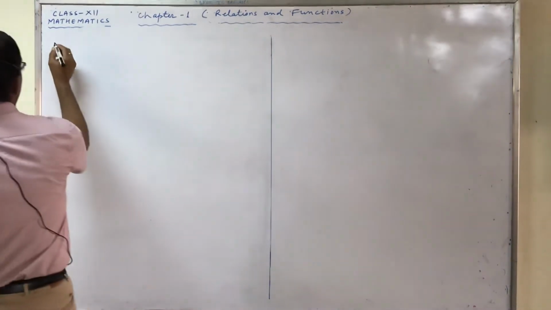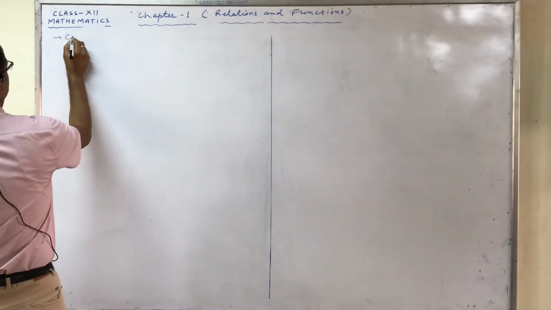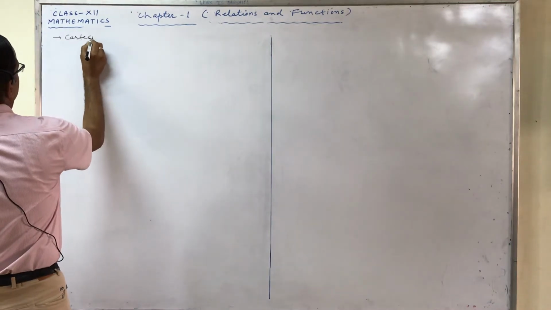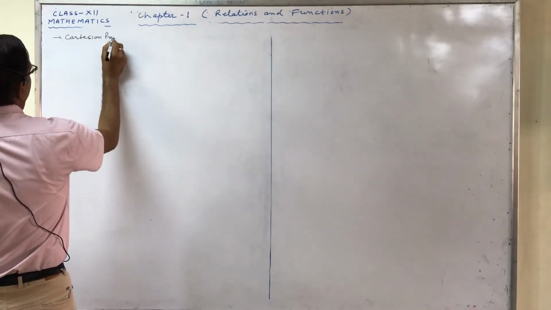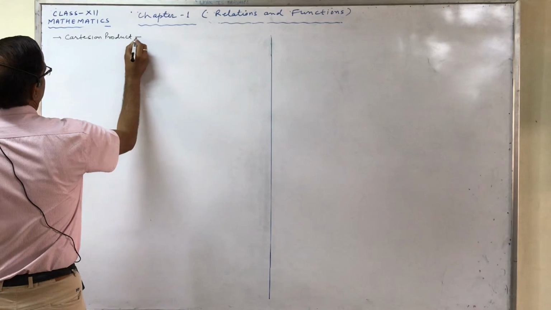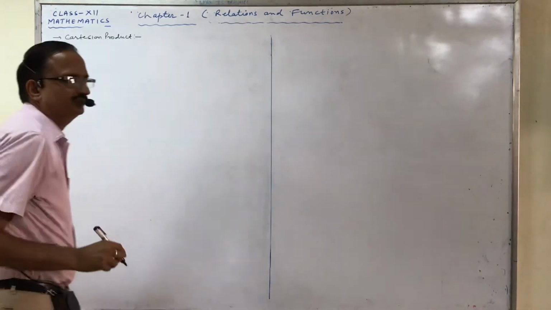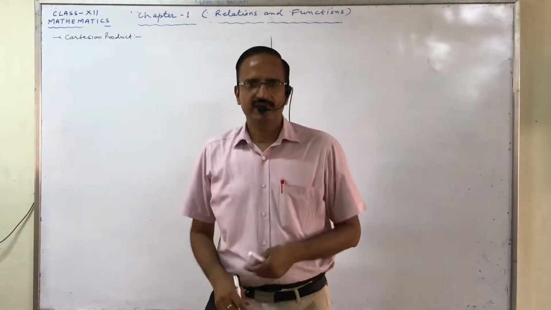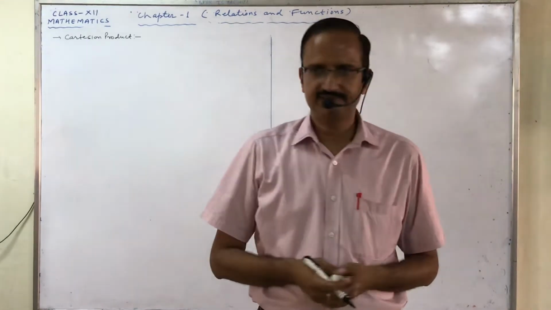First of all, Cartesian product. Suppose A and B are any two non-empty sets.